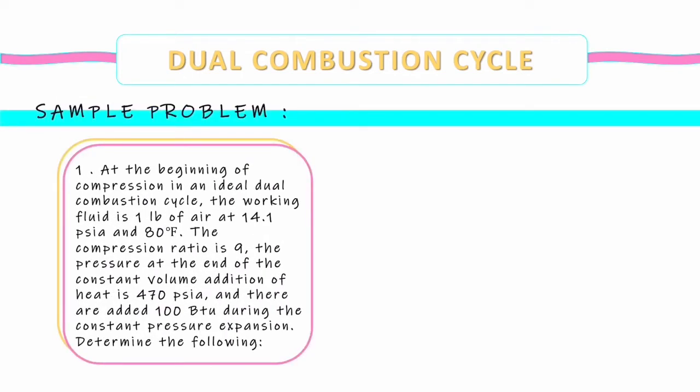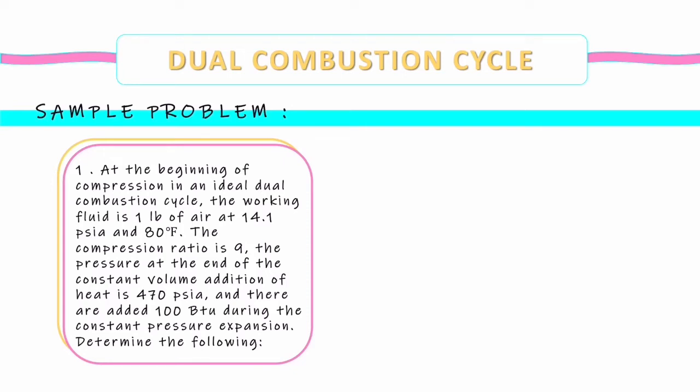So now, let's try to solve a sample problem. At the beginning of compression in an ideal dual combustion cycle, the working fluid is 1 pound of air at 14.1 psi absolute and 80 degree Fahrenheit. The compression ratio is 9.